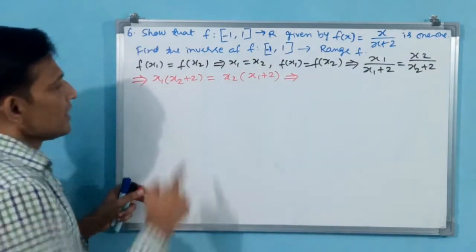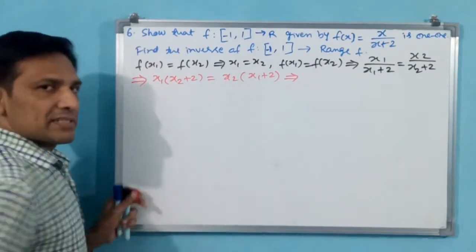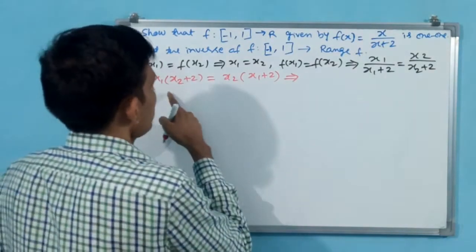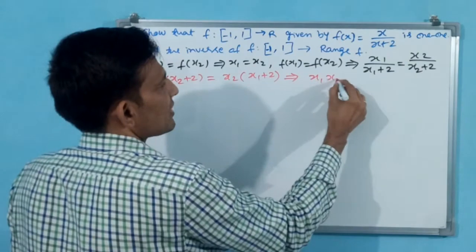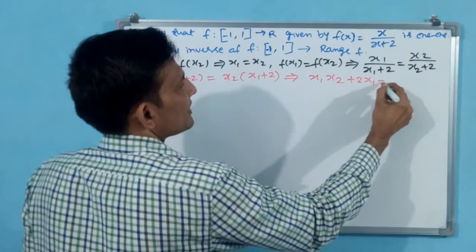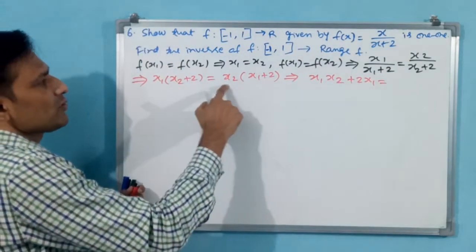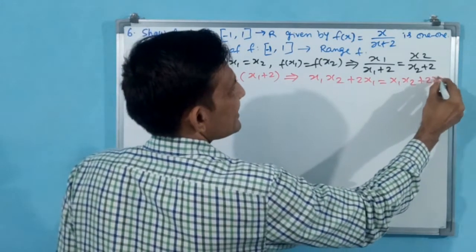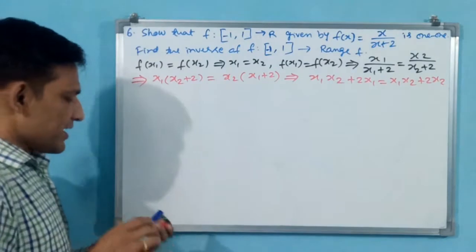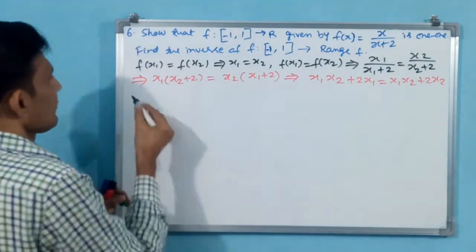Again implies: x1 x2 plus 2x1 is equal to x1 x2 plus 2x2.